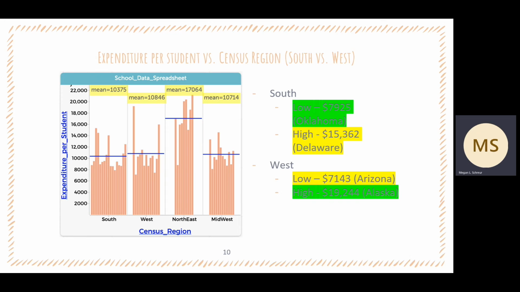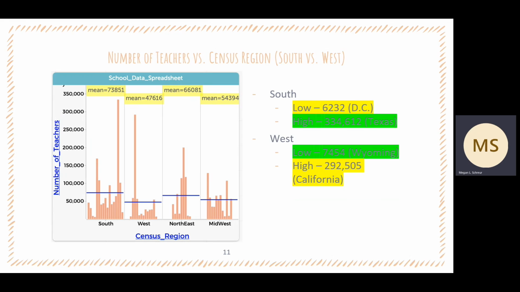So again, if we look at the averages, they're really, really close. But overall, the West has the highest high, and the South has the highest low. So it's pretty split. I probably would choose the West, though, just because there's more highs than there are lows.